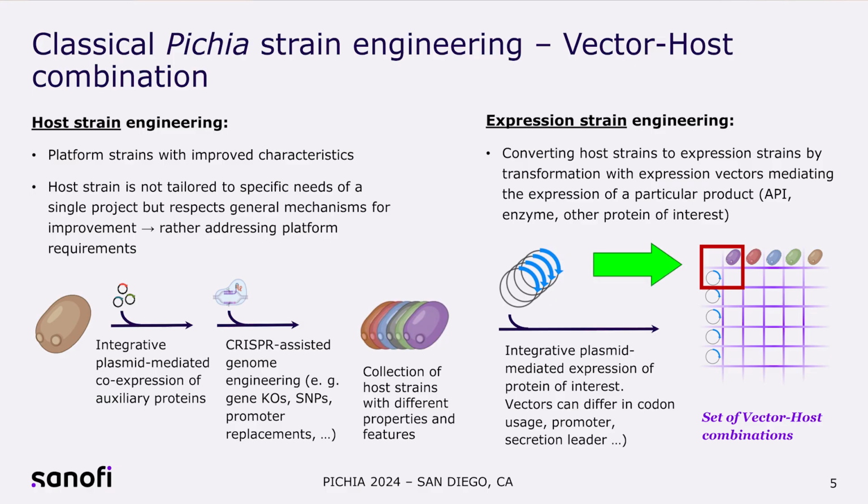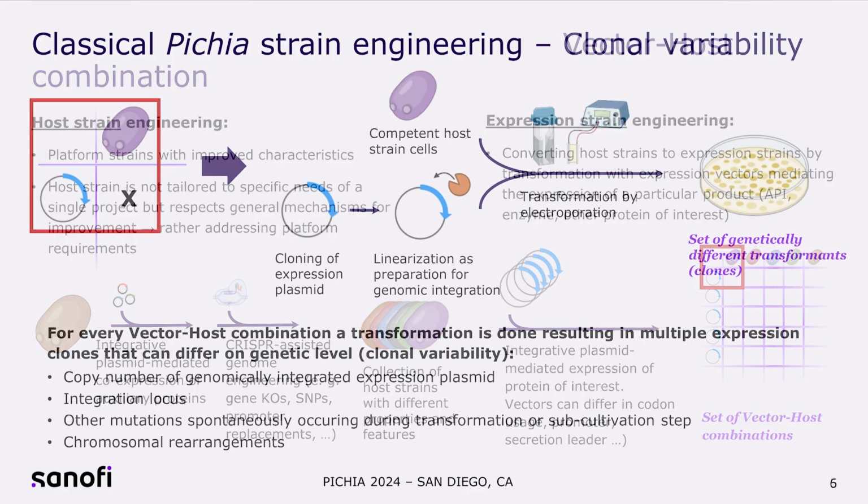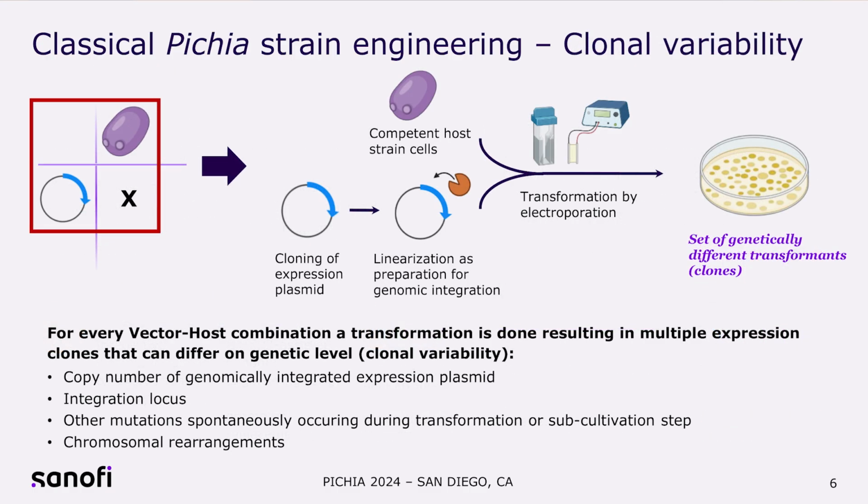So if you focus here on a particular vector host combination, and if you give it a click, then as you all know, you just click through it, please. As you know, we are taking plasmids, cutting them, linearizing them, and integrating them randomly, and we heard about the power of random integration from Tony yesterday.